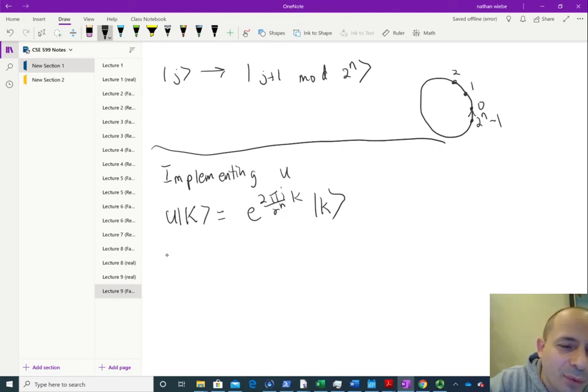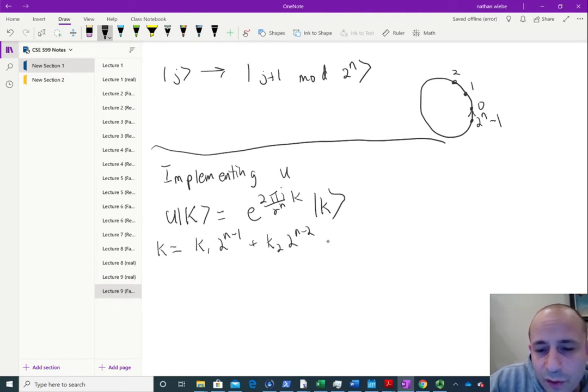And the way that this works is, let's consider k to be a binary expansion. So I'm going to start with the most significant bit. I'm going to call it k1 times 2 to the n minus 1, plus k2 times 2 to the n minus 2, going all the way down to kn times 2 to the 0, or 1.